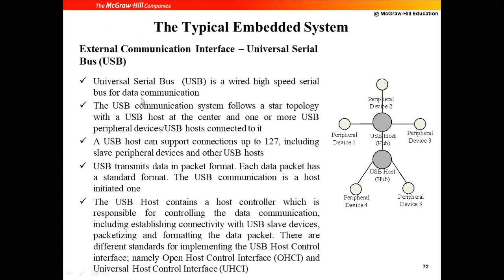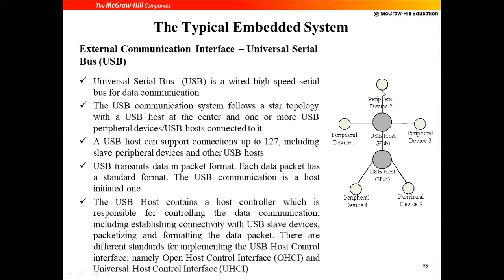In this topology, USB communication follows a star topology with the USB host. We'll have a main host, for example a desktop, to which various devices will be connected. So USB host is at the center, and one or more USB peripheral devices are connected to it.